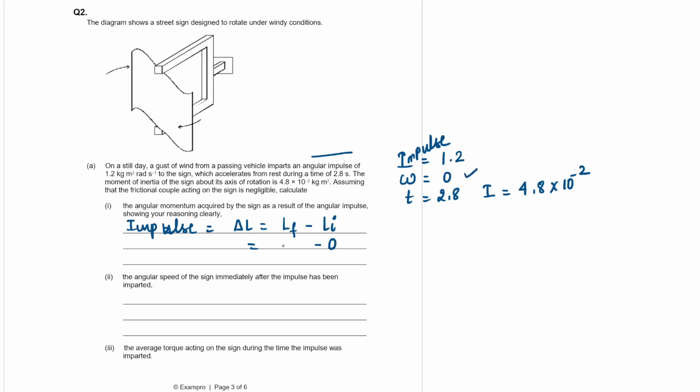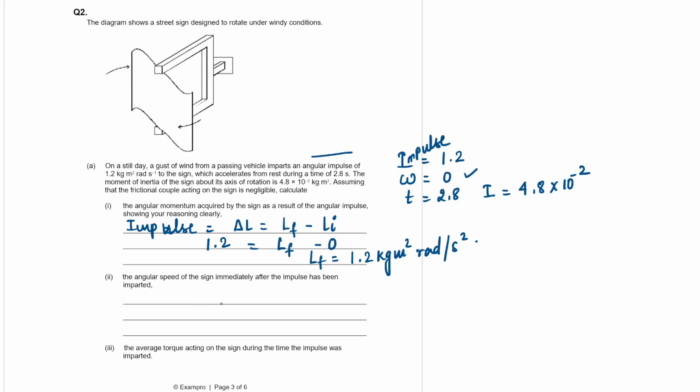And the final angular momentum, this is what you have to find, is nothing but the impulse, which is 1.2. So my angular impulse is 1.2 kg meter square radians per second. So that's my final angular momentum as a result of the impulse.